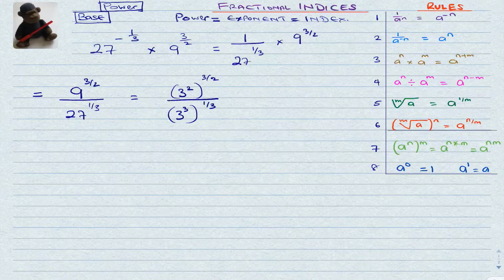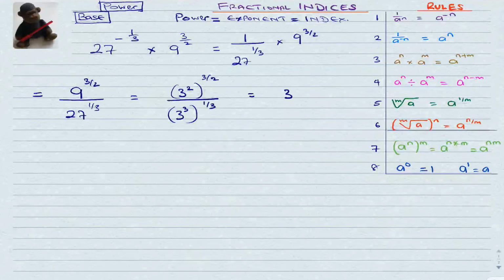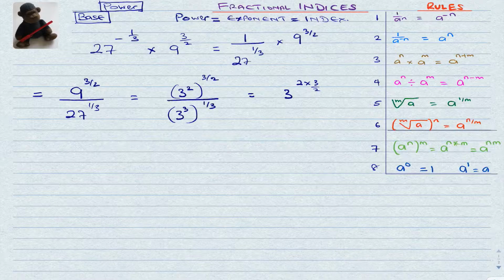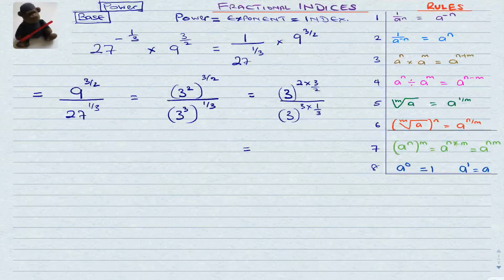What we need to do next is take the power inside the bracket out. That's the best thing to do. It'll be 3 to the power 2 times 3 over 2, divided by 3 again in brackets, 3 times 1/3. Right, so now the 2 in the power at the numerator, times the fraction power, will give you 3, because the 2s cancel out.